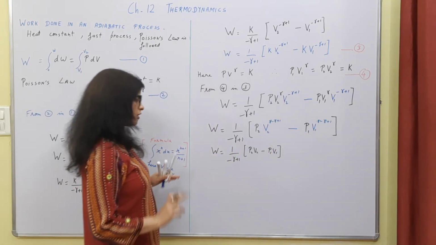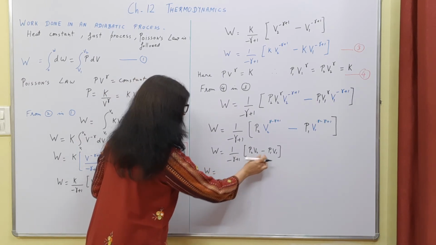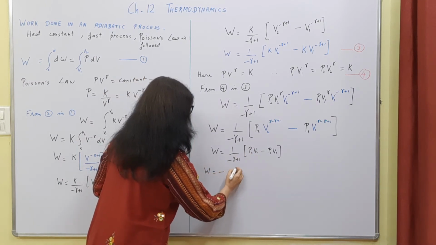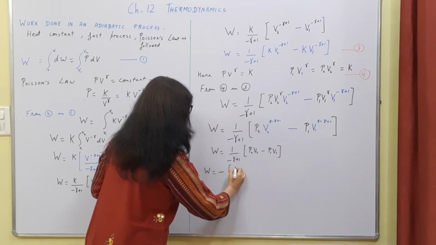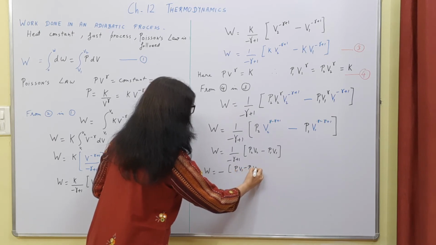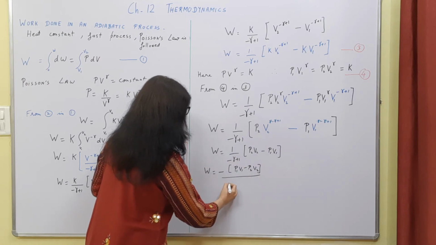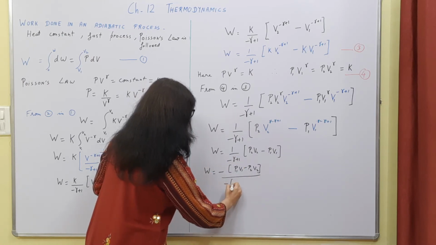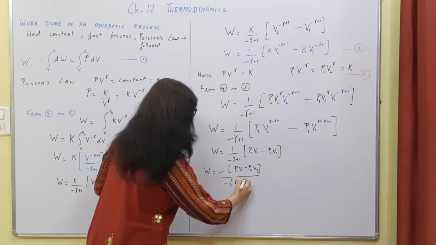So this can also be written as, if I take minus common from here, this will be P1 V1 minus P2 V2, and if I take minus common from the denominator, it will be gamma minus 1.